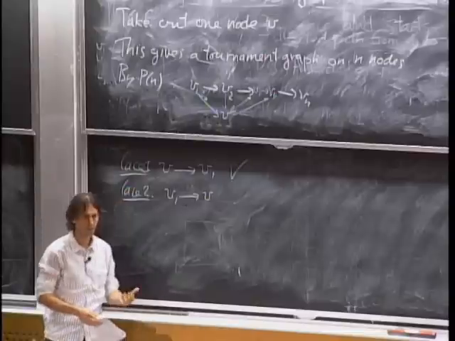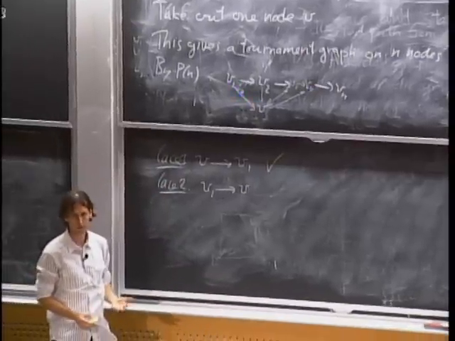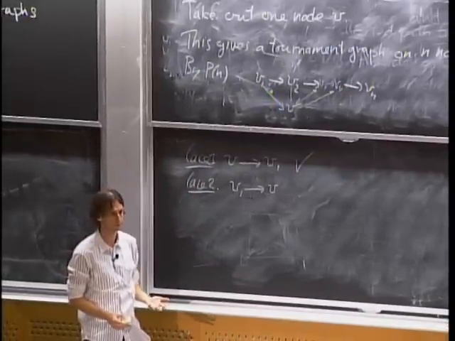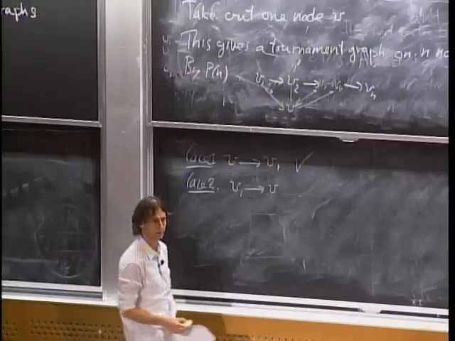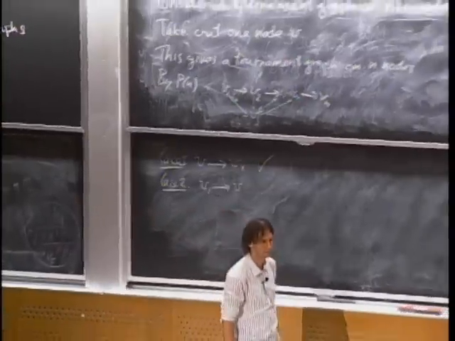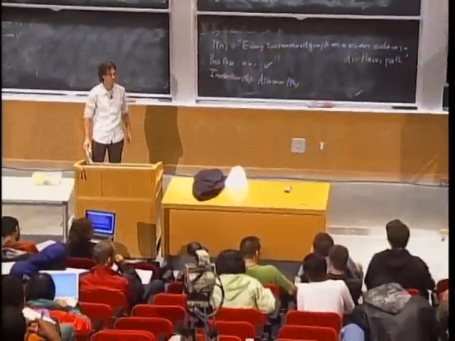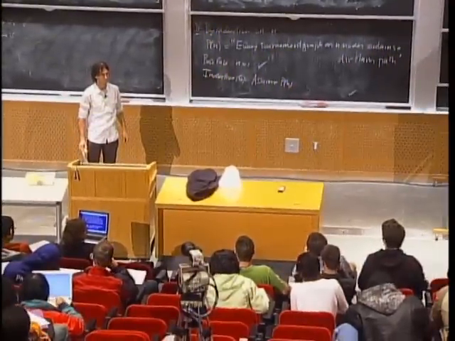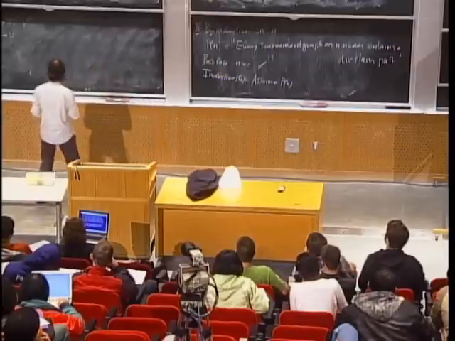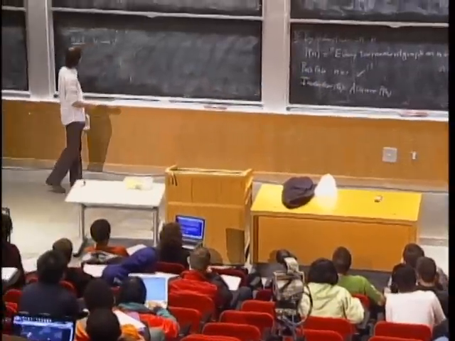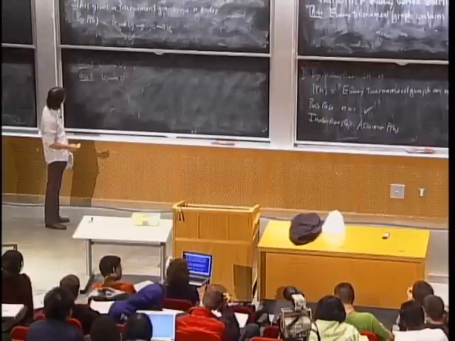If we are thinking about other theorems that we have tried to prove, yeah? What's the smallest value of i such that V beats Vi?